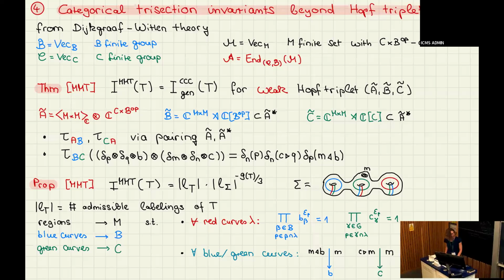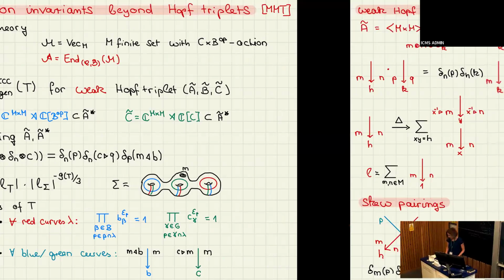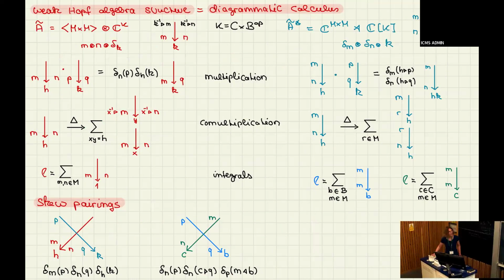Now, can one understand somehow the role of these Hopf algebras and their relation to the diagrammatic calculus? And the statement is this. Essentially these Hopf algebras are just the diagrammatic calculus. So we can visualize the elements of the Hopf algebra A tilde. This is a general element here.